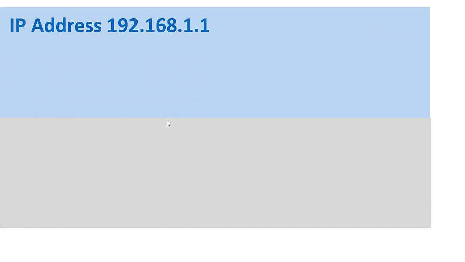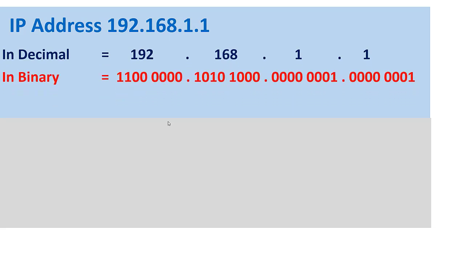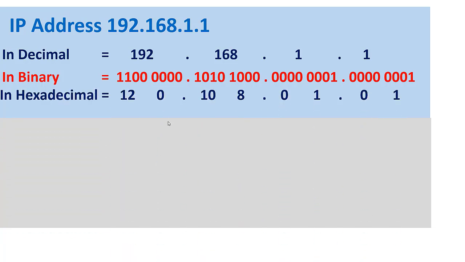Now, if we want to convert an IP address, like this IP address of 192.168.1.1, in decimal, we write it like this. And when we convert it into binary, this is how we do it, as I showed you in previous videos. Please go back to those videos and you will learn from them how to convert decimal to binary. And in hexadecimal, we will take the first octet on the left, which is 192.